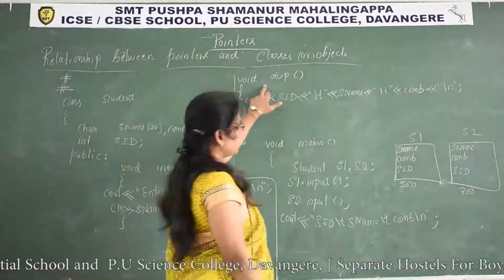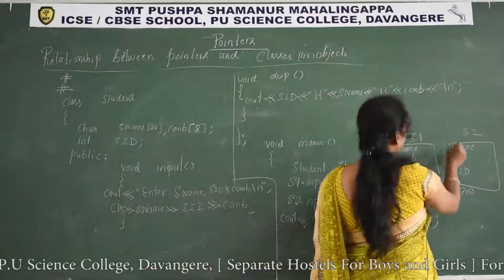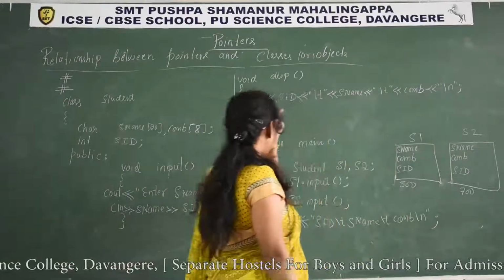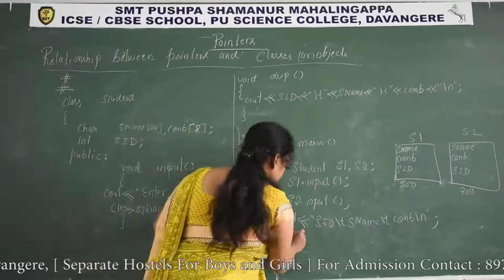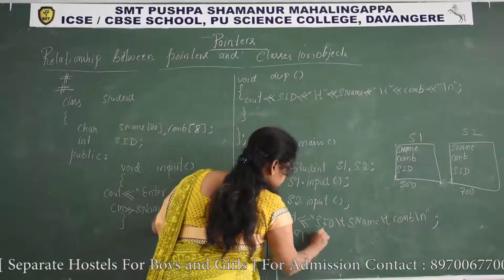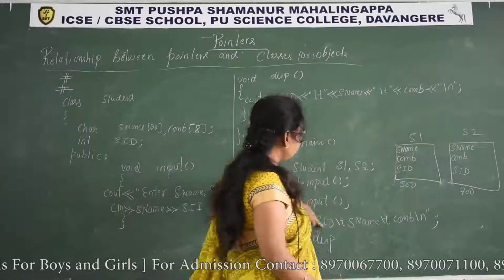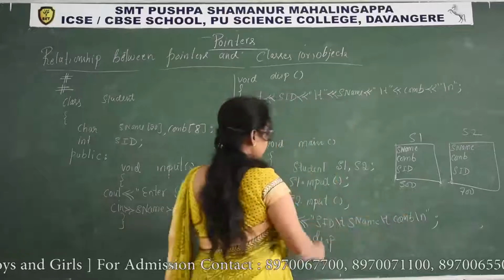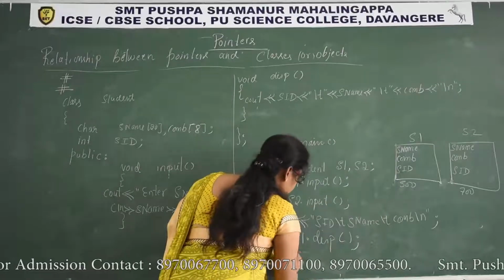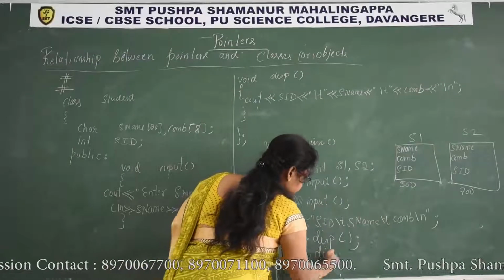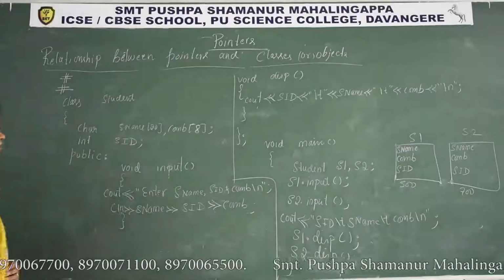The disp function will display the values of S1 and S2. Whose value I want to display, we have to call that function using that object: S1 dot disp. According to the format I have written in the instruction, I have to write a heading here so that it will match that statement. Then S2 dot disp. Close. This is the normal way of accessing members of a class.